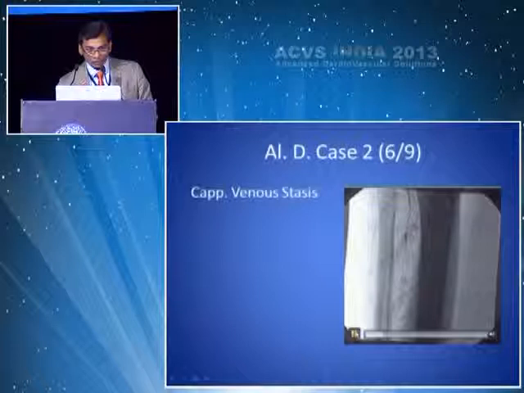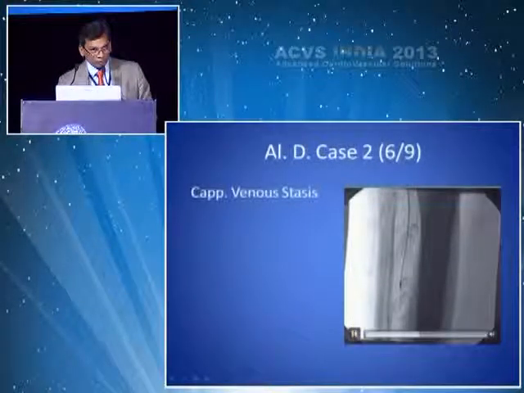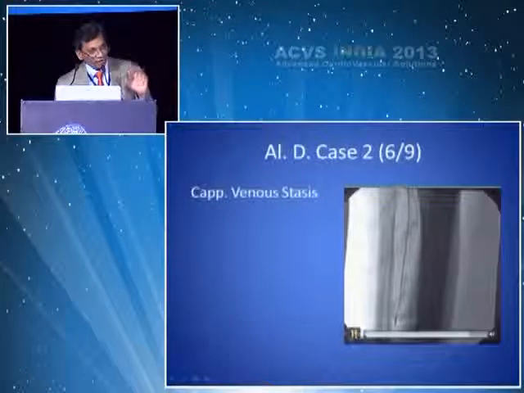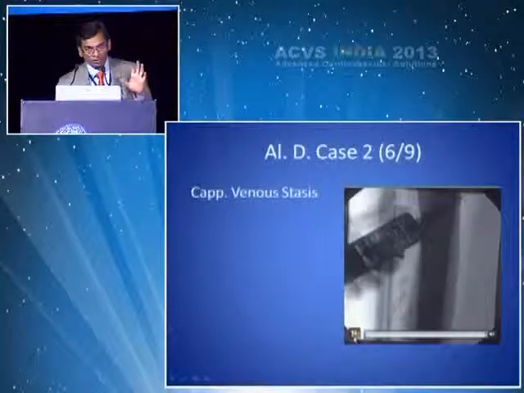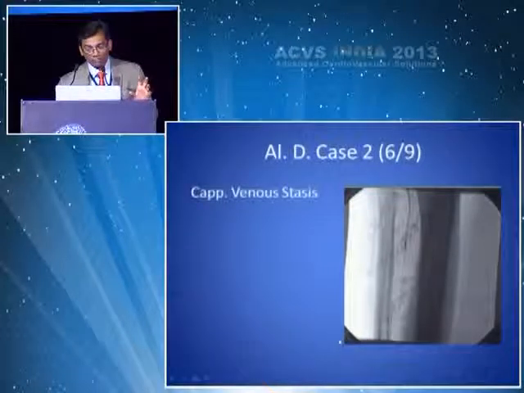I put this part in just to demonstrate, after you revascularize a total occlusion, you can see the staining all around, that's the venous stasis. The venous aspect of peripheral arterial disease is something people don't consider or even think about.